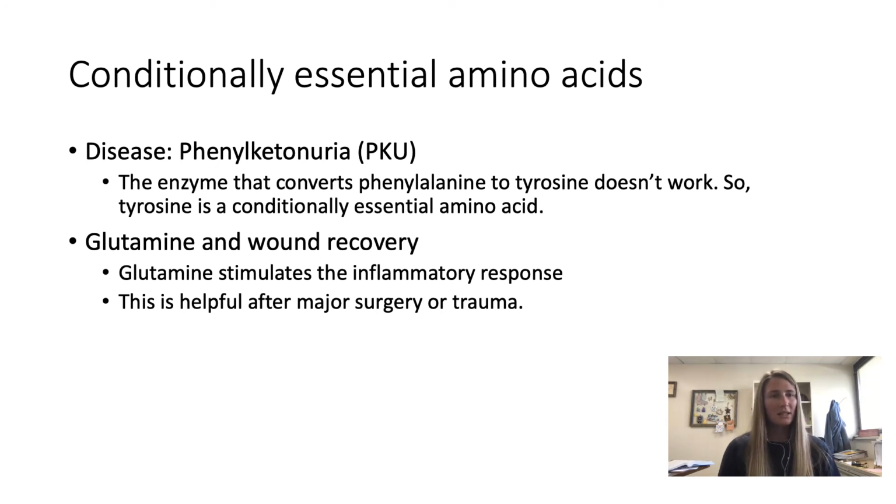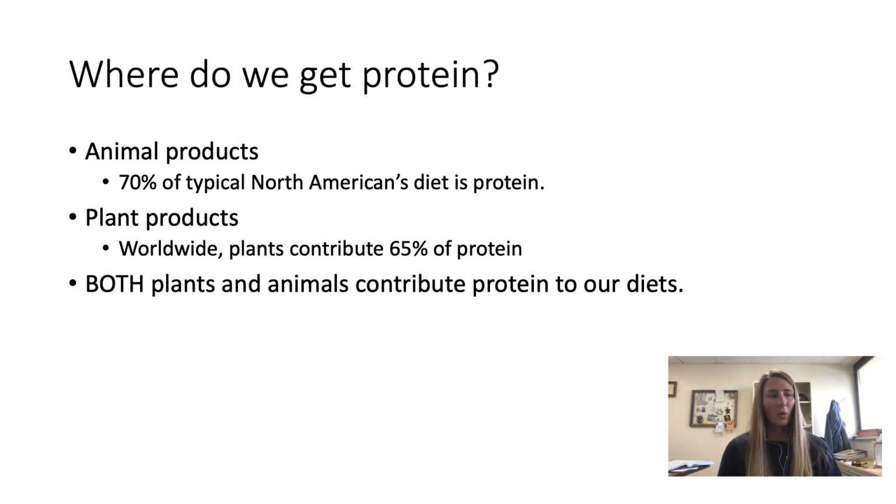So now let's think on a broader scope of protein. Where do we get protein? The most common answer is from animal products: beef, chicken, poultry, pork, fish, seafood. Animal products are going to provide 70% of North Americans' diet's protein. Plant products also are plenty fine in protein. They may not be complete proteins, but there are still amino acids found in them.